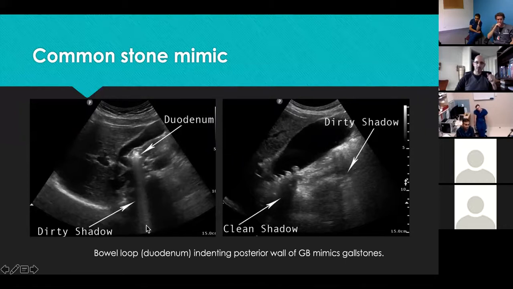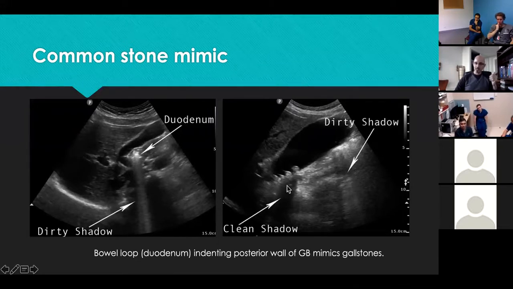And that's pretty much the same sort of reverberation artifact, similar to what you see in the lungs that we call B lines. Sometimes it's very obvious like this. Sometimes they are not that obvious like this.